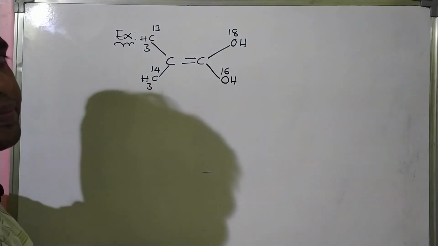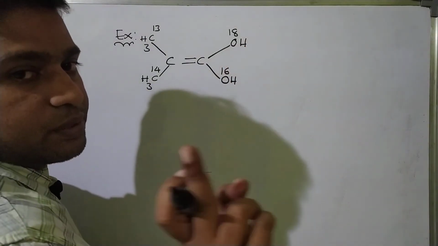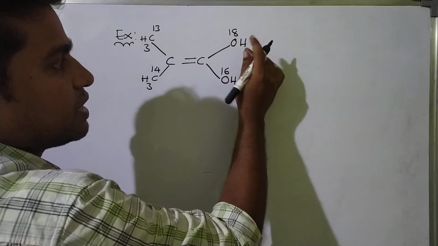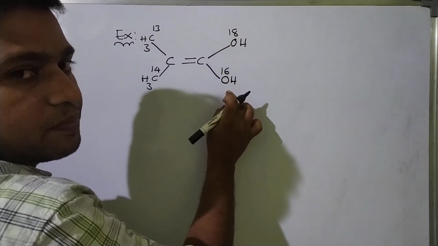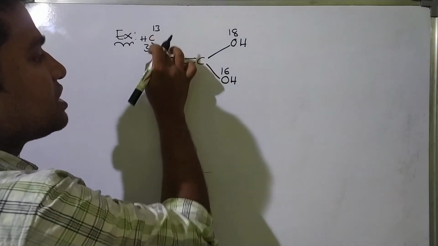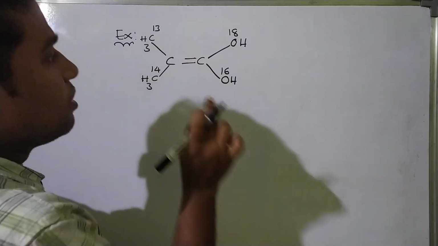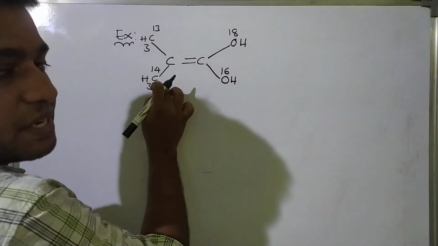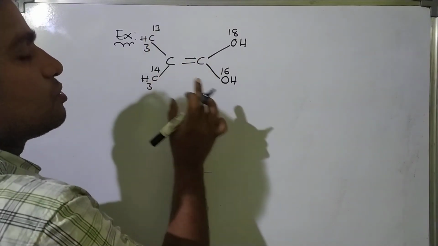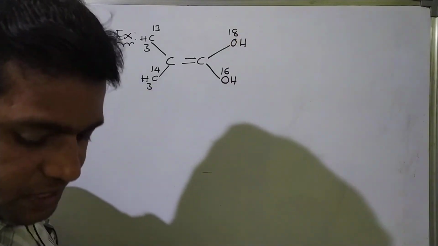Understanding? Don't confuse. These two are different. The OH groups are not equal because isotopes are given. Here also the two methyl groups are not equal, because the carbon atoms are different, isotopes of carbon.